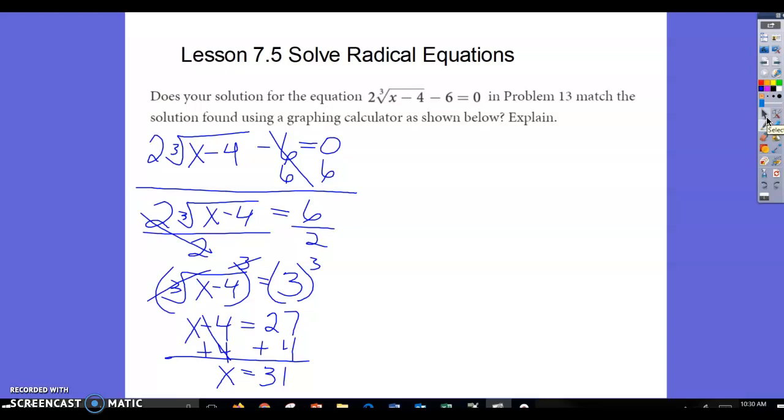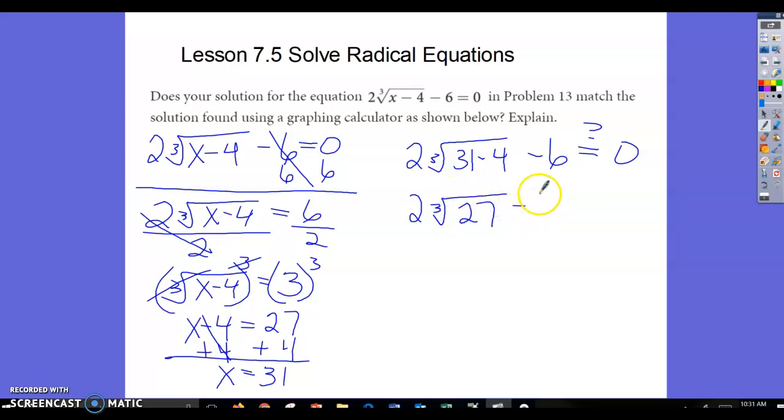If we want to check it algebraically, we would plug the number back in and we would check it. So we've got 2 times the cube root of 31 minus 4 minus 6, and we want to know, does that equal 0? All right, so 2 times the cube root of 31 minus 4 is 27.